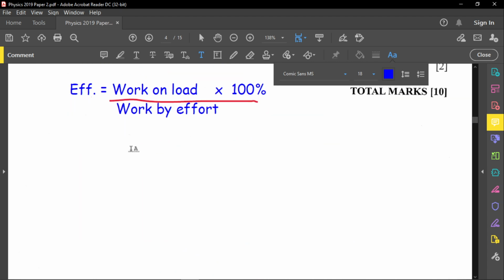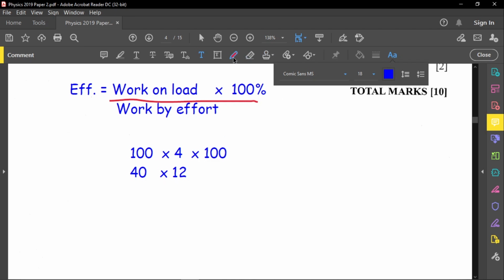The work done by the load would be 100 newtons multiplied by the distance moved by the load, which is 4, all multiplied by 100. We're going to divide all of this by the work done by the effort, and the effort was 40 newtons multiplied by the distance moved, which is 12.